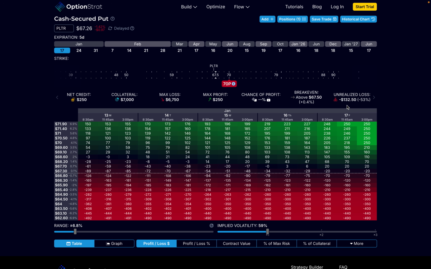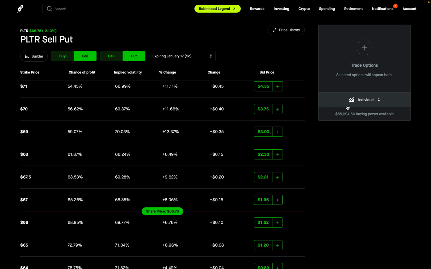I'm going to go over three common scenarios for when we're in this situation. The first scenario is I do nothing. Because personally, I believe we should only sell cash secured puts on a stock at a strike that we would not mind buying 100 shares at.